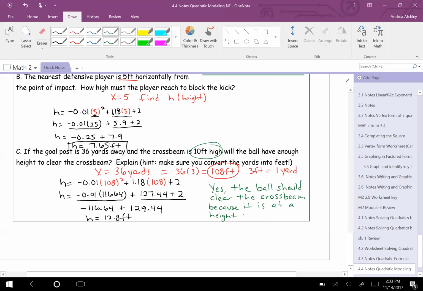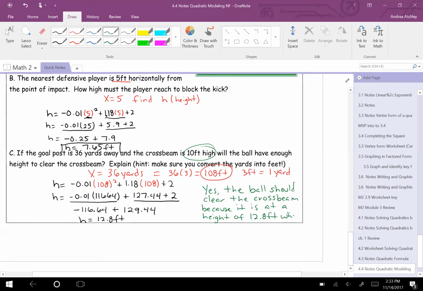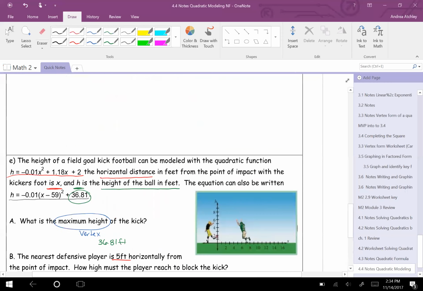Because it's at a height of 12.8 feet, which is greater than 10 feet. Any questions over that? Okay, let's go back to this one.